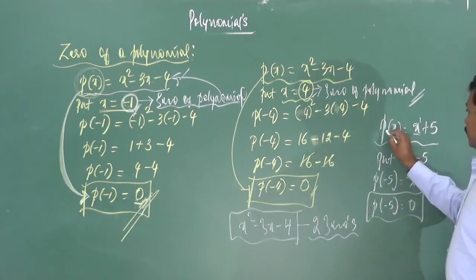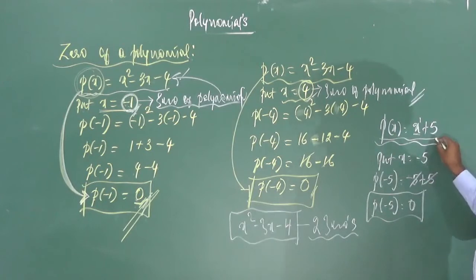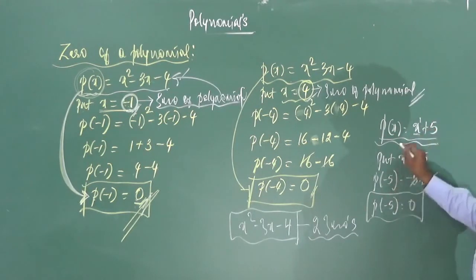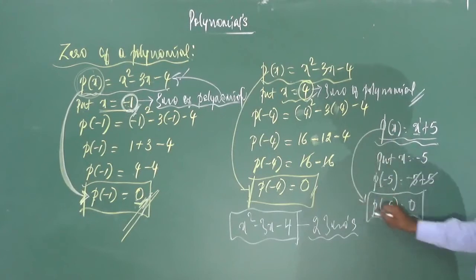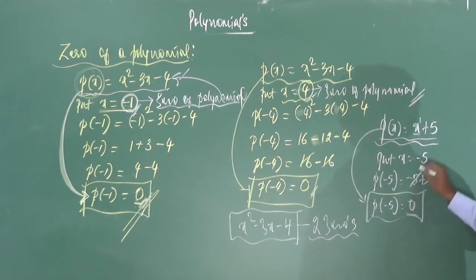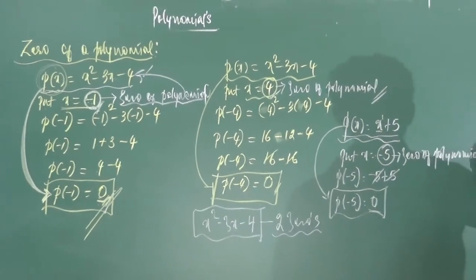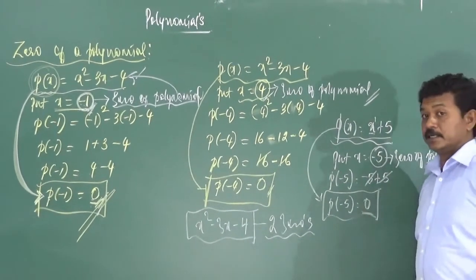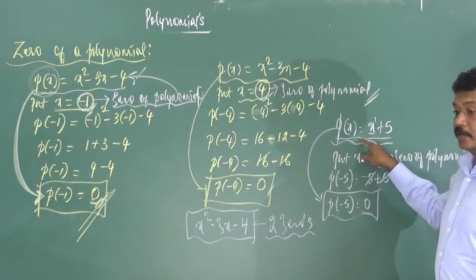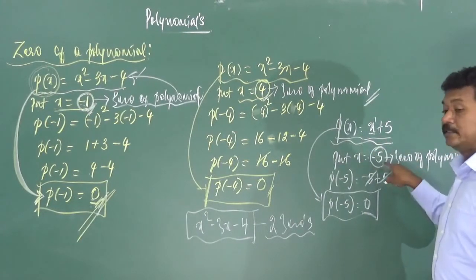So you are given a linear polynomial. You substituted the value x is equal to minus 5 in that. When you substituted this value, x is equal to minus 5 made this polynomial p of x become equal to 0. Therefore minus 5 is the zero of the polynomial. So for this linear polynomial, how many zeros can exist?